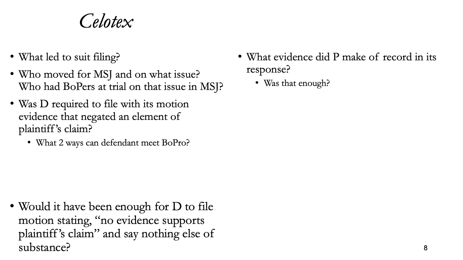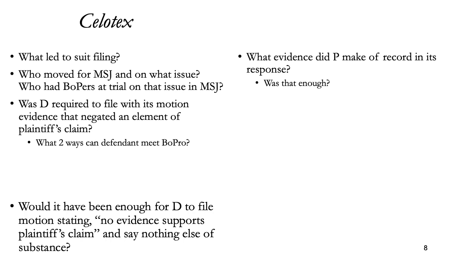So what 2 ways can the defendant meet the burden of production after this case? It's really hard to find a good place where the court explains the difference between negating and not.